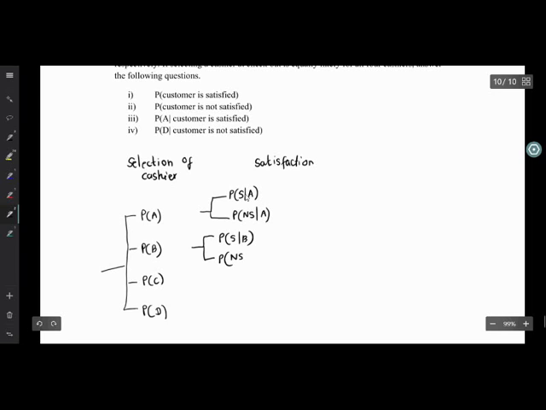So you can fill all the branches like this for all 4 cashiers. So at the end, you will end up with 4 times each having 2. There will be 8 branches or 8 paths at the end.